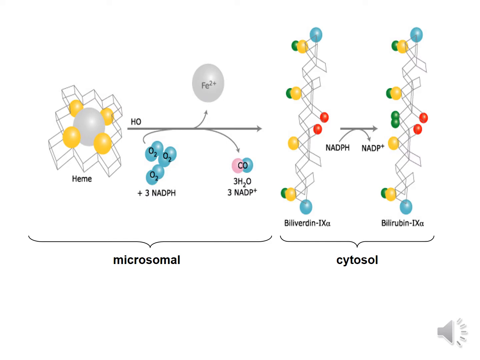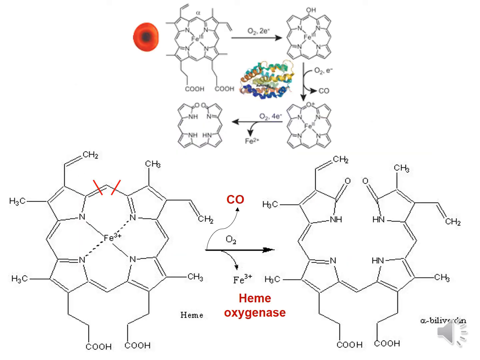The iron-free porphyrin portion of heme is also degraded, mainly in the reticuloendothelial cells of the liver, spleen, and bone marrow. The first step in the degradation of heme is catalyzed by microsomal heme oxygenase in macrophages.